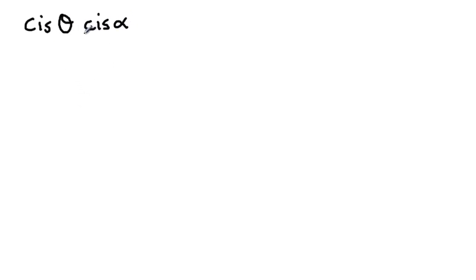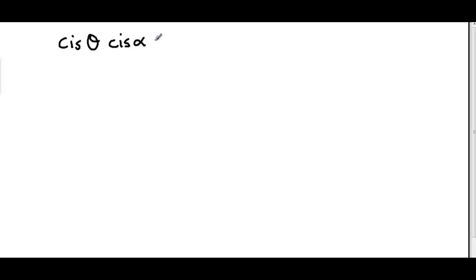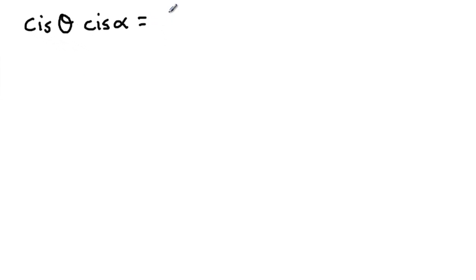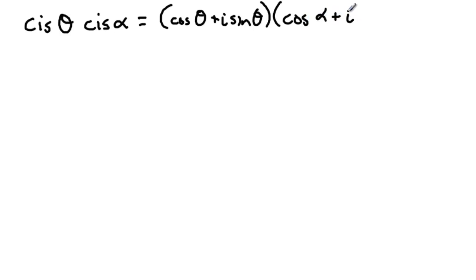What would happen if we multiplied them together? Well, let's expand it. Cis theta is really cosine of theta plus i sine theta. And cis alpha would then be cosine of alpha plus i sine alpha.